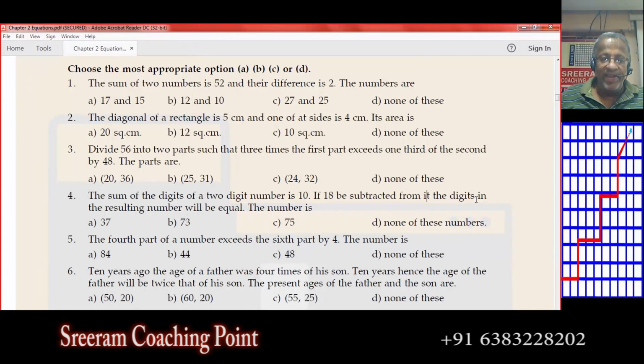So 18 deducted from 37 gives 19, no. From 73 gives 55. Now the answer in this particular question is B.